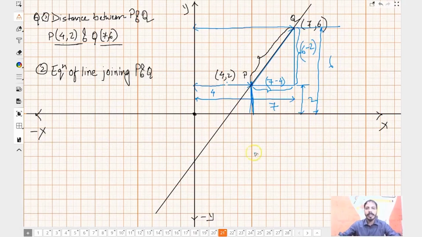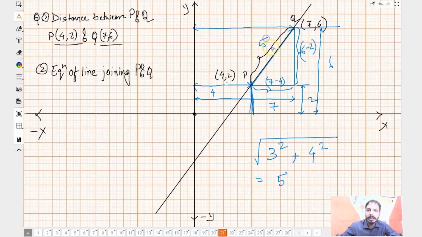Simple, right? So now in this triangle we got one side to be 3, that is 7 minus 4, and the other 6 minus 2, that is 4. Now we can easily apply Pythagoras, that means 3 square plus 4 square and square root of this. So this will be 5. That means this distance is 5 units.